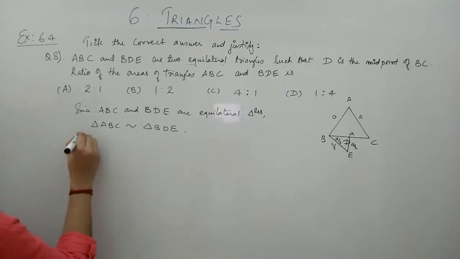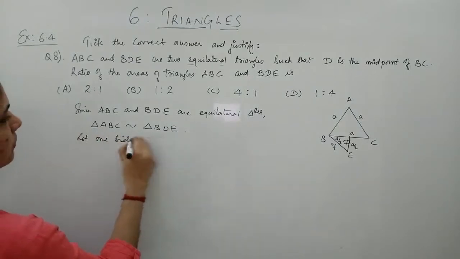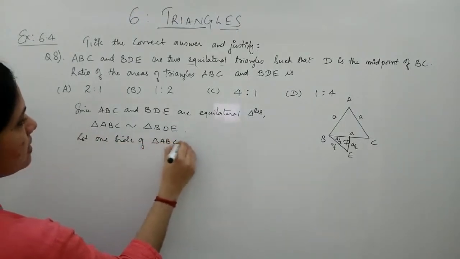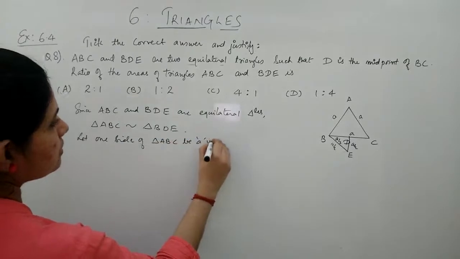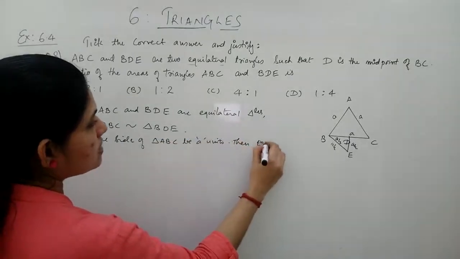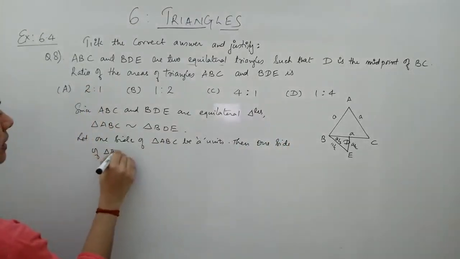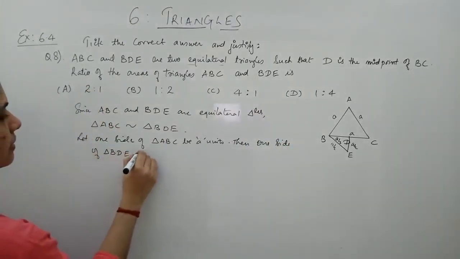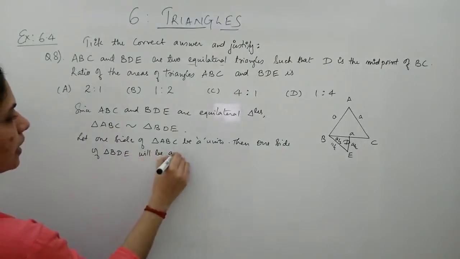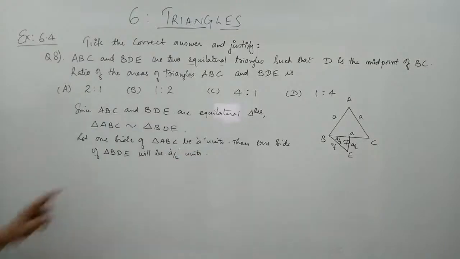Let one side of triangle ABC be A units, then one side of triangle BDE will be A by 2 units. Okay, then only we can replace the values.